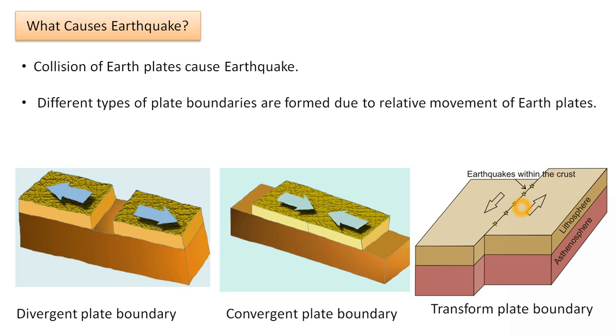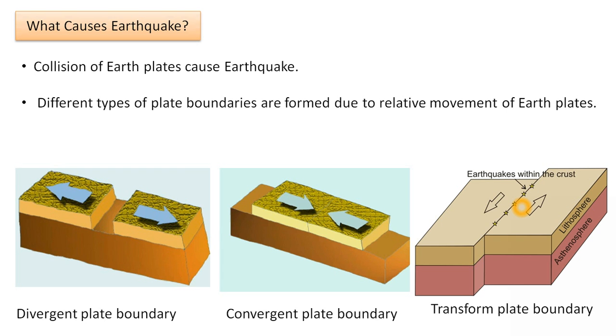So here nothing gets created, nothing gets destroyed, but this can result in strong earthquakes because the boundaries are passing over each other and striking very hard. This can result in sudden shaking of earth, because earth plates are forming crust. When they are moving so hard, it's definitely going to cause a lot of movement of the earth. So this can result in strong earthquakes.